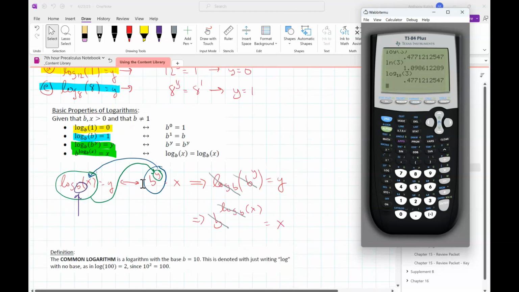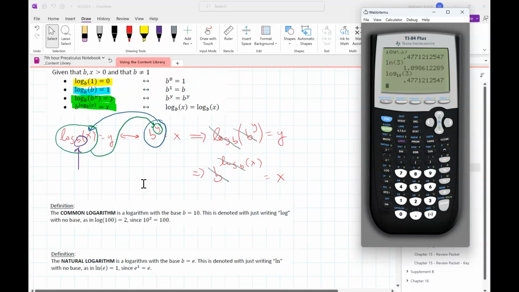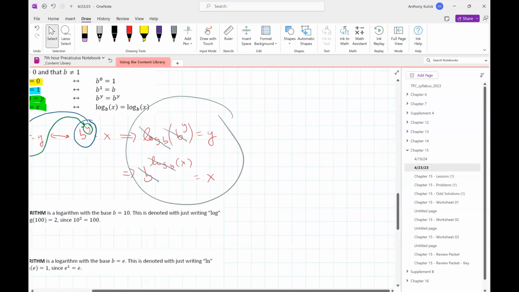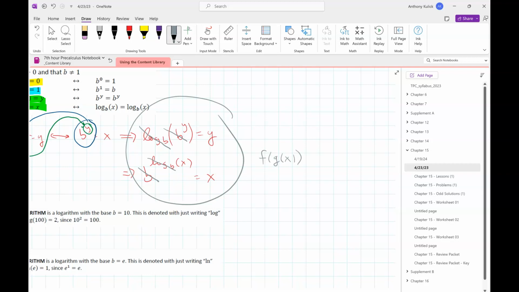So notice when I showed you this right here, does anybody recognize this? This is something that we did way back in first semester. What are we saying here? It's like the first chapter that we did in first semester. These two statements are equivalent to saying that f of g of x is equal to g of f of x, and both are equal to x.